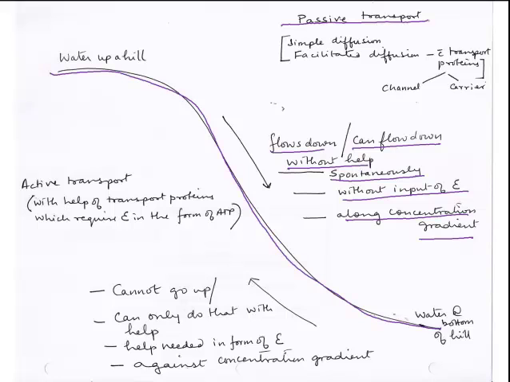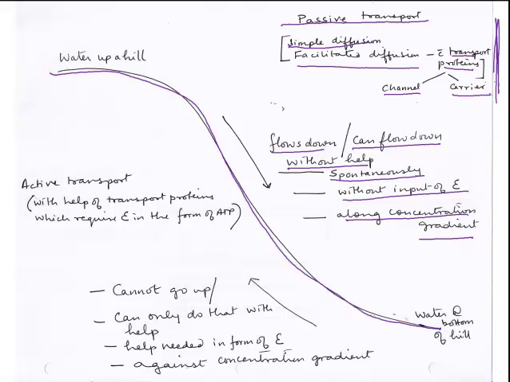Now the two different processes, simple diffusion and facilitated diffusion with transport proteins, take place passively. And it can use a channel protein or carrier protein. That doesn't mean anything. It just means they are helping in the process, but they wouldn't have helped unless the concentration gradient already moved it in that direction.